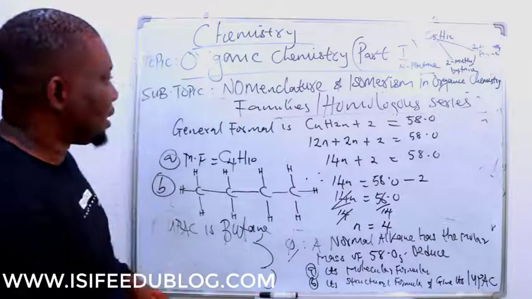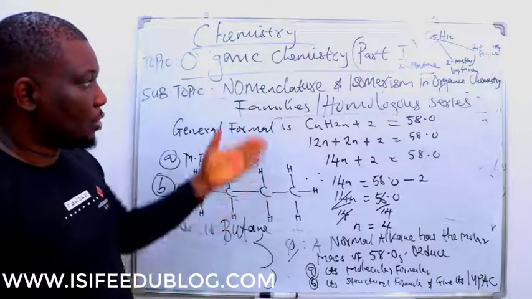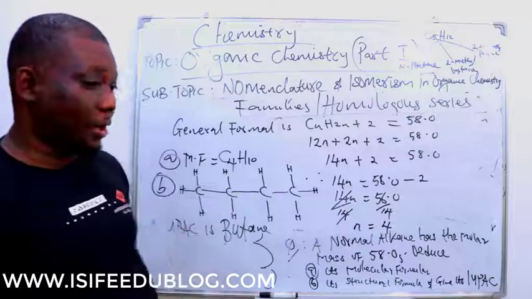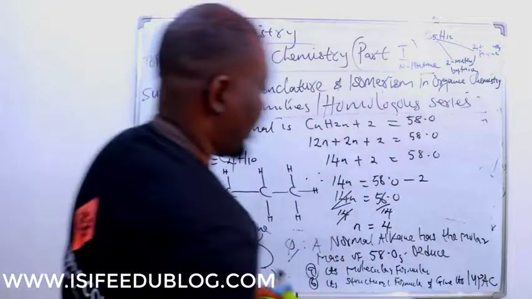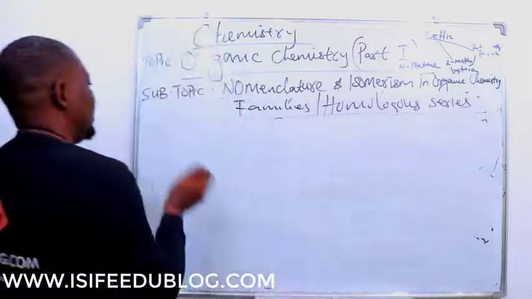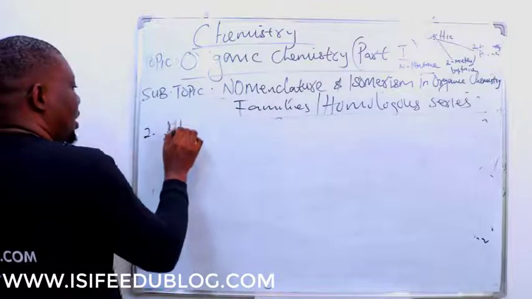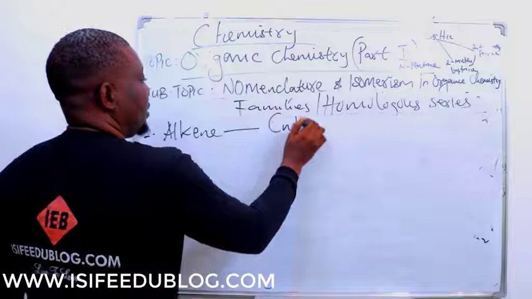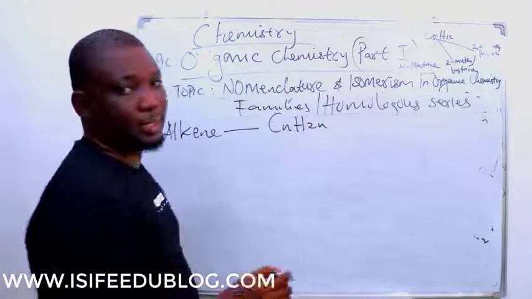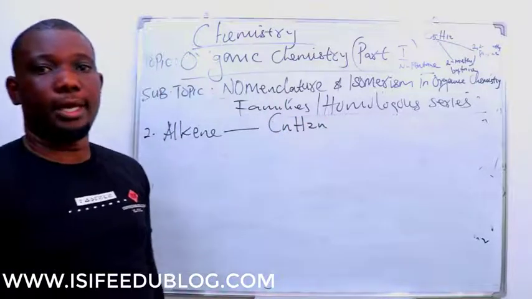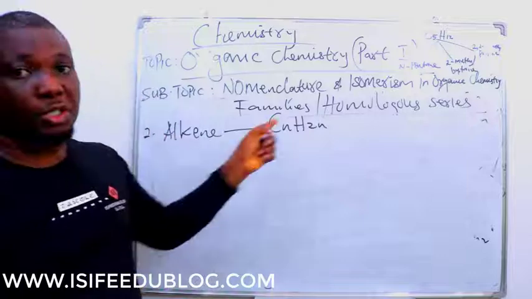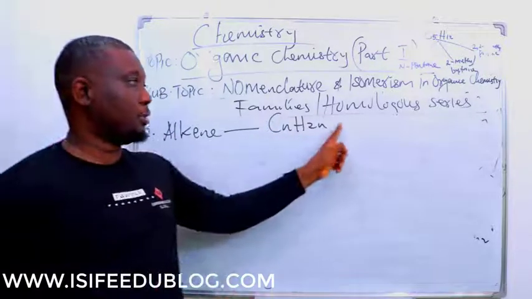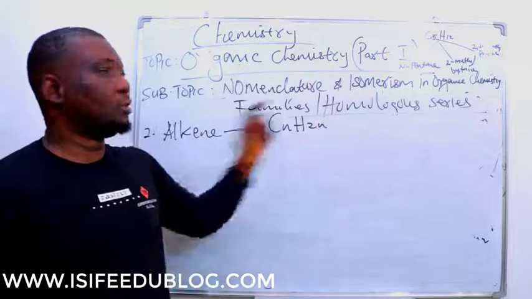Okay, we'll quickly look at other families of organic compounds. That was alkanes. That's number 2, alkenes. The general formula is CnH2n. As against plus 2 in alkane, there is a reduction of 2 atoms of hydrogen, and that's why we removed that plus 2.